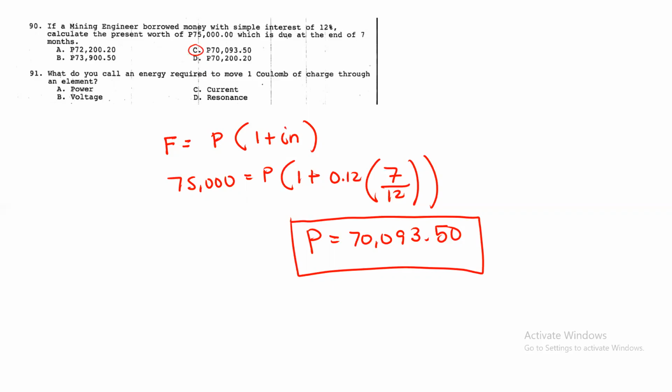The next, 91. So 91, what do you call an energy required to move 1 coulomb of charge through an element? So ang sagot dyan is voltage.